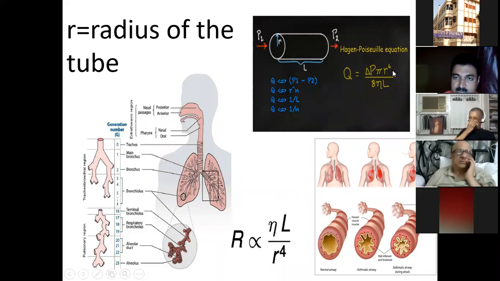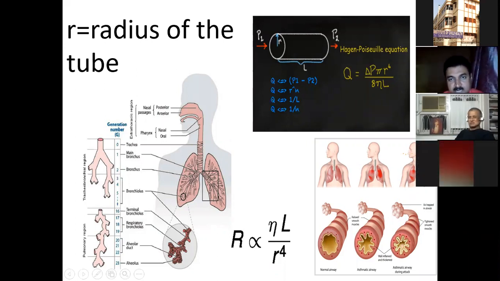So the body will generate a huge amount of delta P, that is PIP, peak inspiratory pressure, by contraction of respiratory muscles, and thereby the volume delivered will be a little bit increased till the compensation is there. So this is the airway. Up to the 15th division, there is conductive airway. After the 15th division, there is respiratory airway.